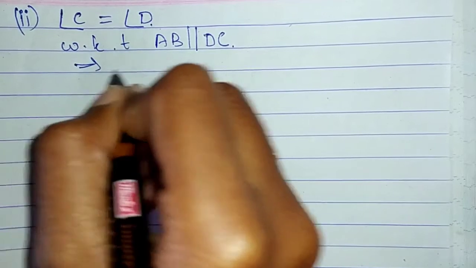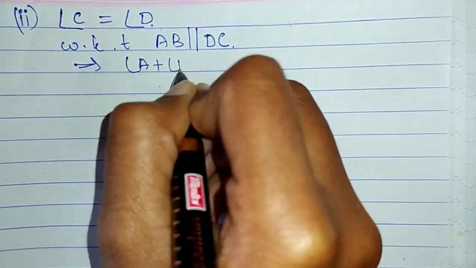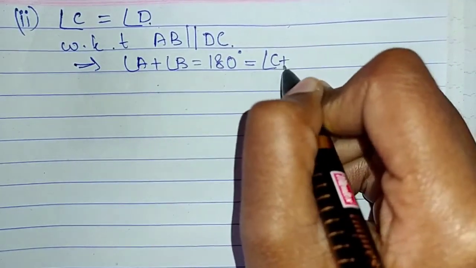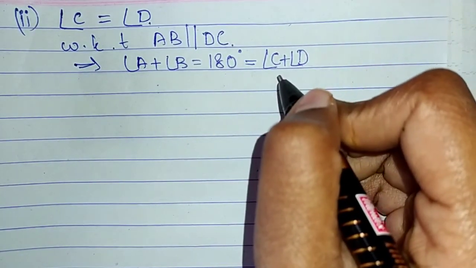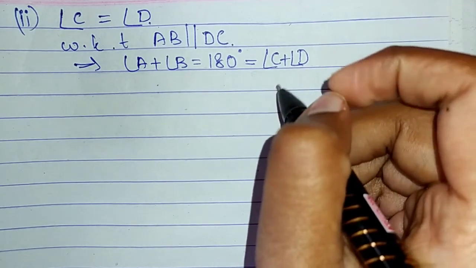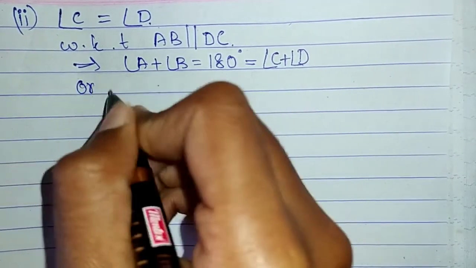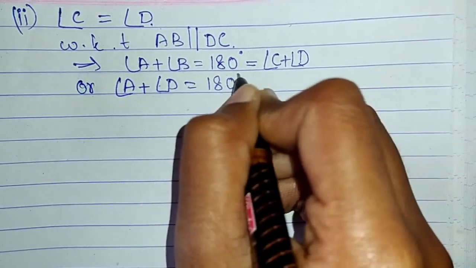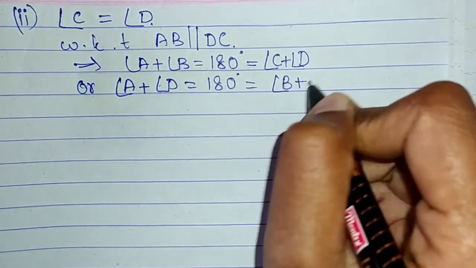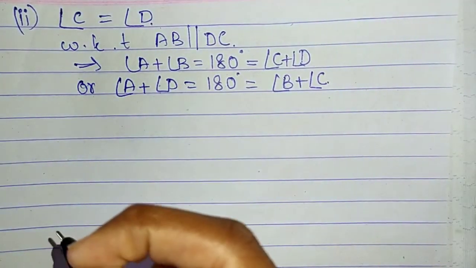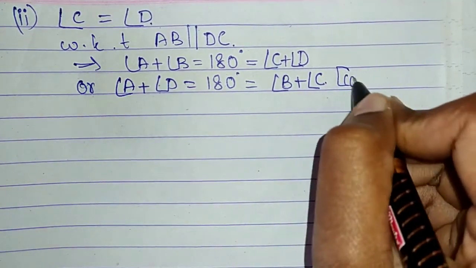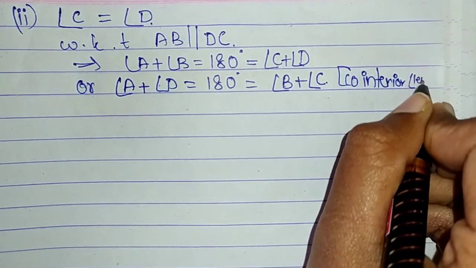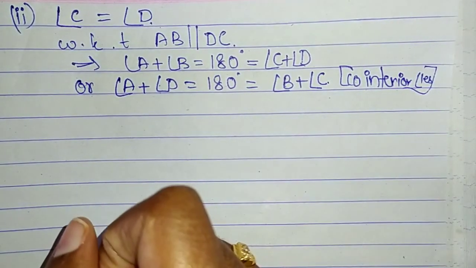So this implies angle A plus angle B is equal to 180 degrees, which is equal to angle C plus angle D. Or we can also write angle A plus angle D is equal to 180 degrees, which is equal to angle B plus angle C. Both work just fine because they are all co-interior angles or angles on the same side of the transversal.